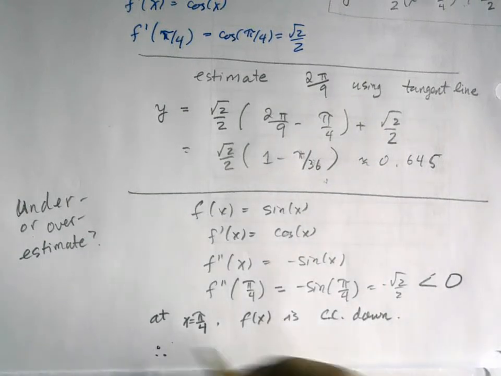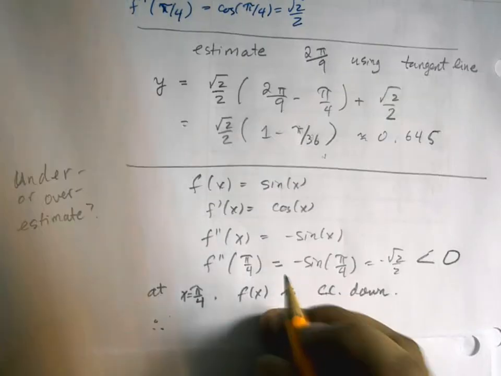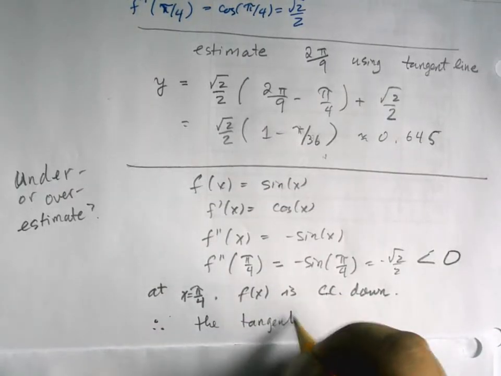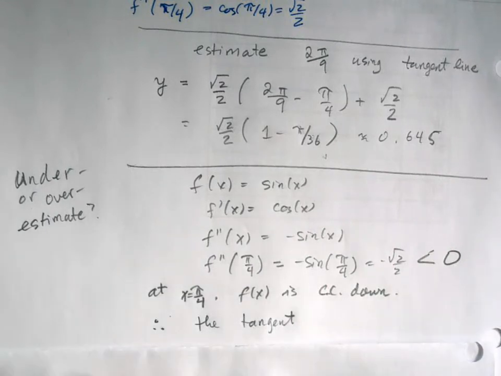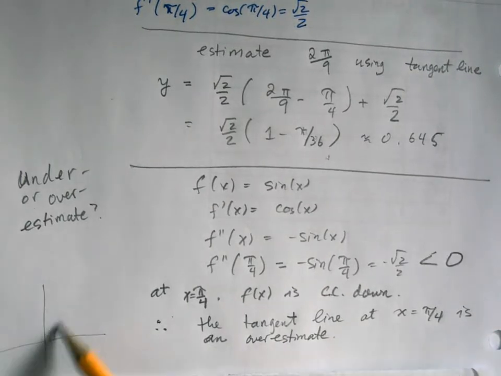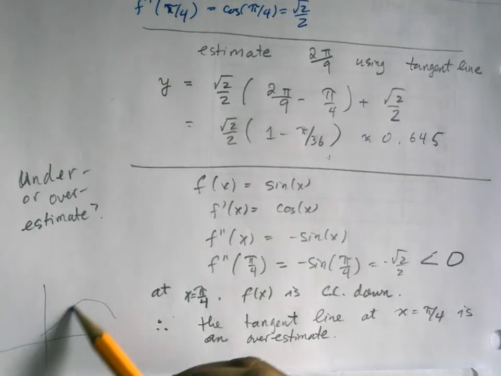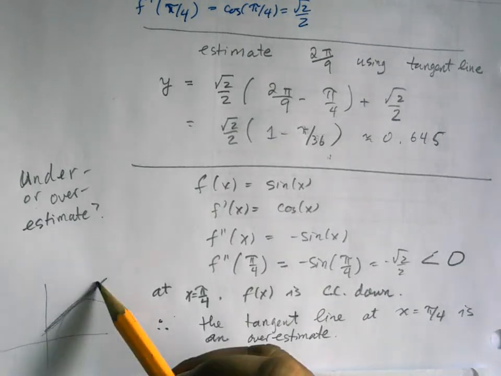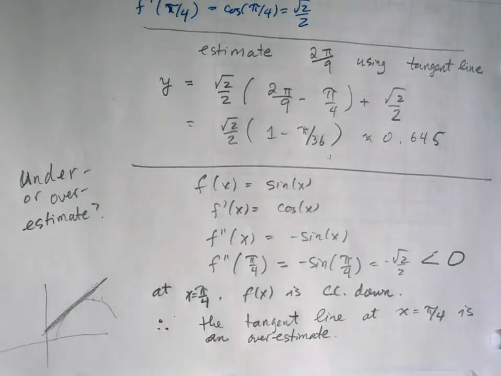Therefore, the tangent line at pi over 4 is an overestimate. The tangent line is an overestimate because if you have a graph that's concave down, the tangent line is going to cut through like this, so the tangent line is going to be over the actual curve.